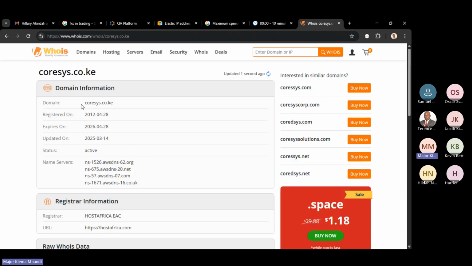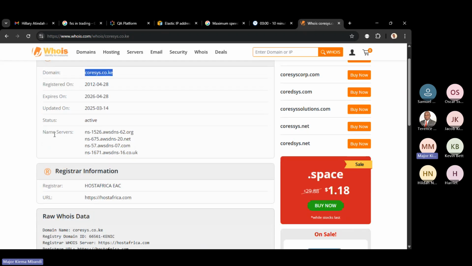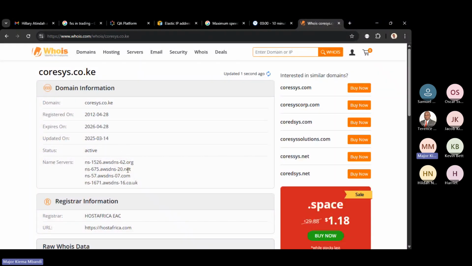You see this is the domain, and this is registered on. These are the servers. This domain was registered in AWS, so the server I use to manage it is an AWS server. You can see the NS name servers. The domain service provider will have some server distribution for redundancy that will be used to do the resolution. They call it the name server.